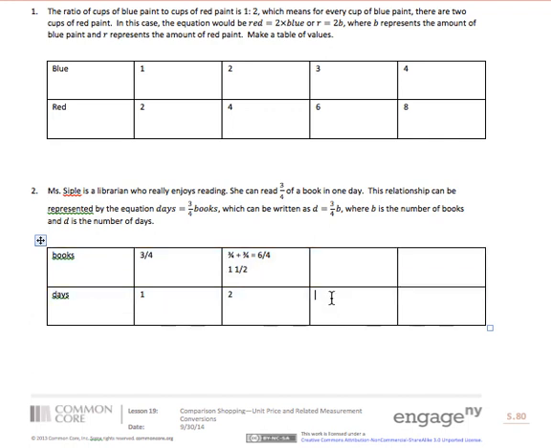On the third day, she can read 6/4, this is from day 2, plus 3/4 more. And that would be easier to add those fractions if we kept them in improper fraction form. 3/4 plus 6/4. Remember, we only add the numerators, 6 plus 3, which is 9, and the denominator stays the same.